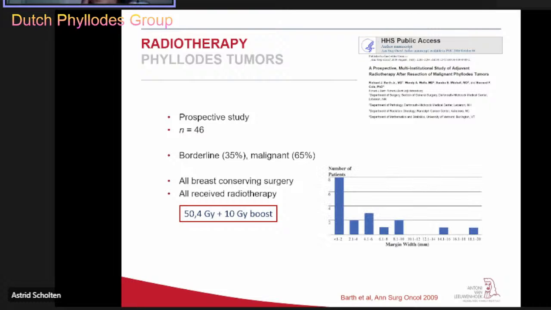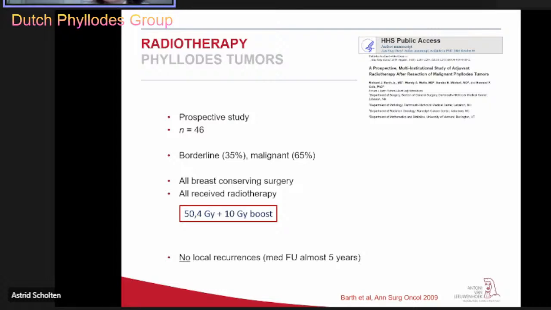It had to be radical, so approximately half of the patients received a re-resection, but these are the margins for the primary resection. A lot of those have a margin of less than 1 or 2 millimeters. They found no local recurrences with a long follow-up of almost 5 years.